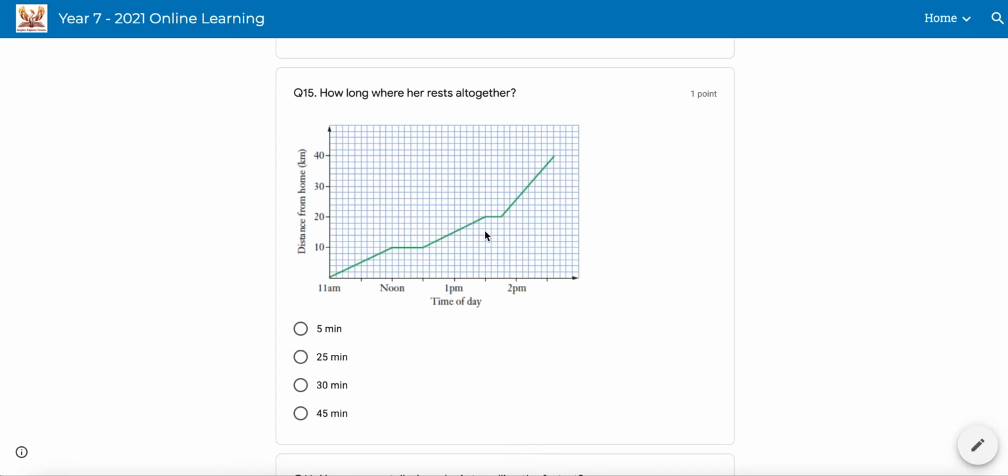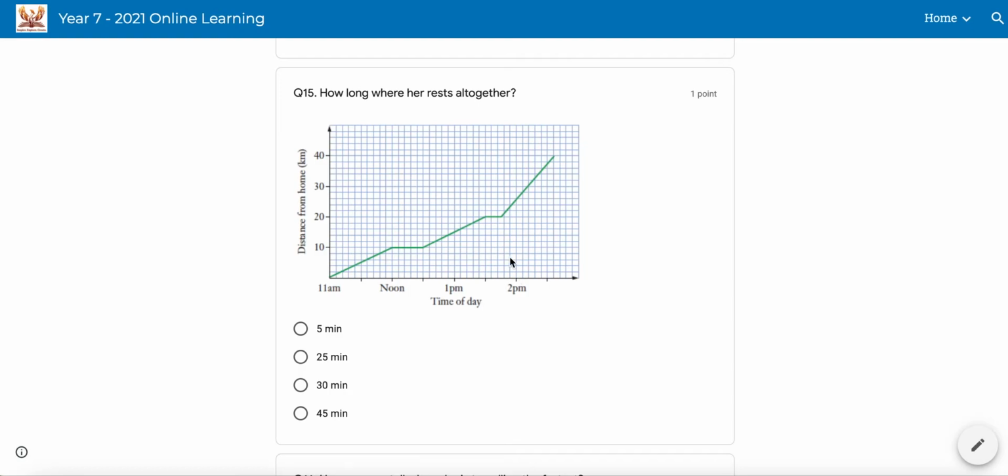It started here, and that's exactly halfway between 1 and 2 p.m. So it started at 1:30. And when did it finish? It finished about 2.5 grid boxes in. Now 2.5 grid boxes, that's pretty interesting because you can see that 1 unit is made up of 5 grid boxes, yes? 1, 2, 3, 4, 5.